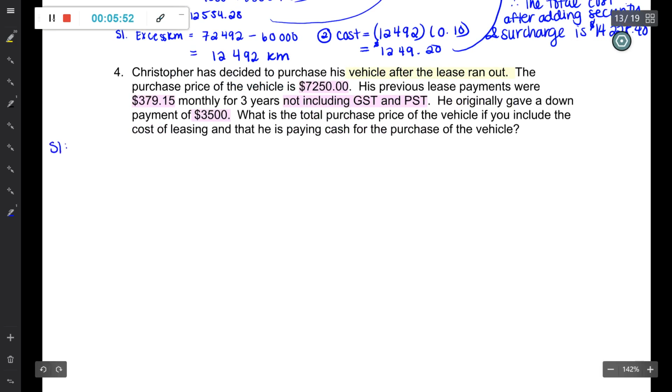So step one, find out the cost not including GST and PST or HST. So we're going to write this as HST. And HST is always 13% in Ontario. Okay? So we're going to find out the cost of monthly payments after tax.